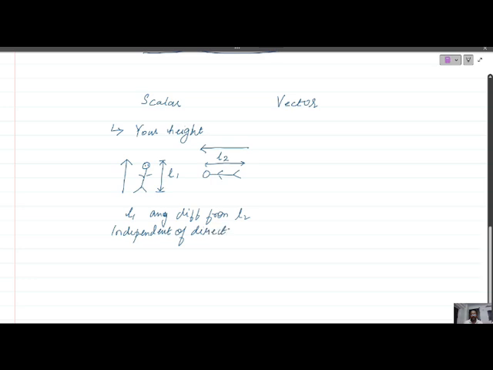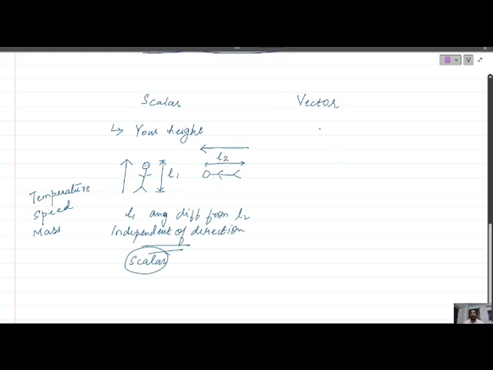So direction has nothing to do with your height. All that matters is the magnitude. So any quantity in which only the magnitude matters and not the direction is called a scalar quantity. There are other examples. For example, temperature. It's a scalar quantity. As you will see later, speed is a scalar quantity. Your mass is a scalar quantity.